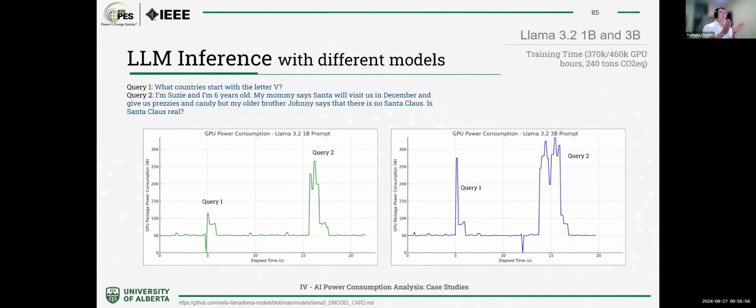Each query introduces different power consumption, and the power consumption and even the energy consumption are totally different. Clearly, by reading the queries, you can see query 1 is simpler than query 2. And also, if we think about the model size, clearly the larger model consumes more power.